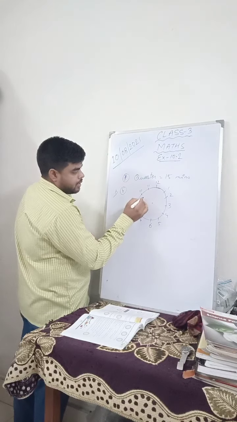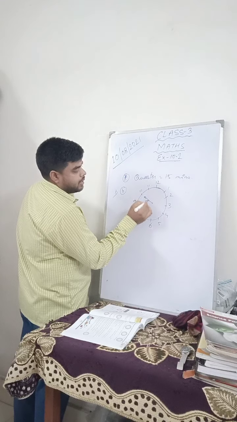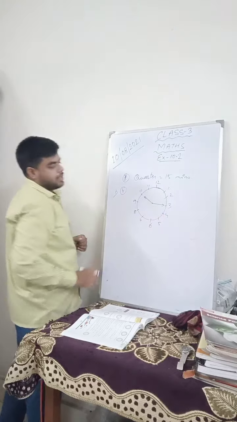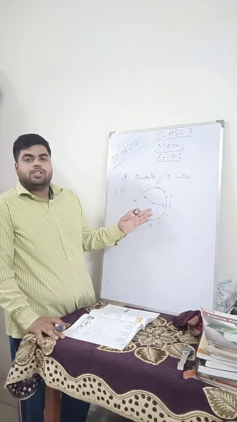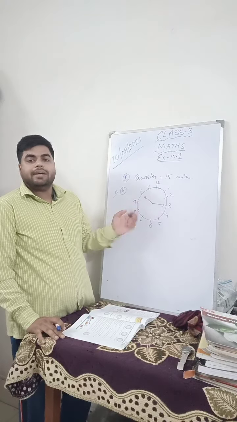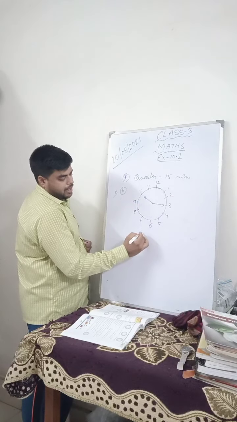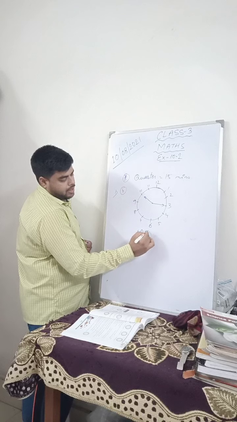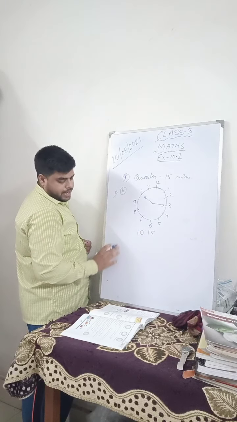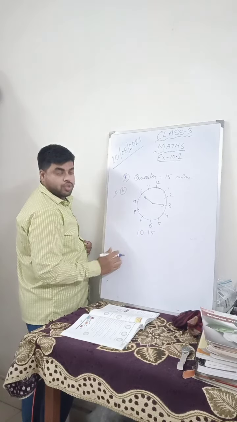The hour hand is facing 10 and the minute hand is facing 3. That means how many minutes are already over? 1, 2, 3. 3 gaps means 15 minutes. So how will you write here? First you will write what is the time. The time is 10:15.